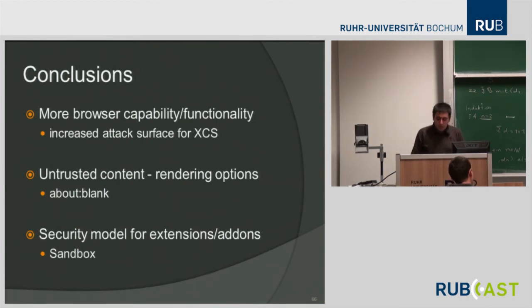Another issue is with extension add-ons. I think Chrome does better than Firefox in terms of extensions. Firefox should probably follow the Chrome example a little bit, like put some boundaries or sandbox between the extensions, because as we saw before, you can totally compromise another extension or the system if you have a vulnerable extension installed.